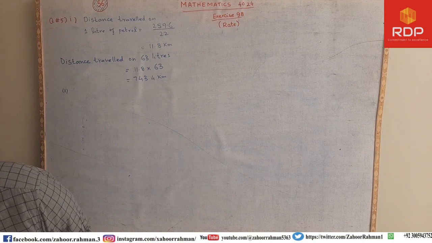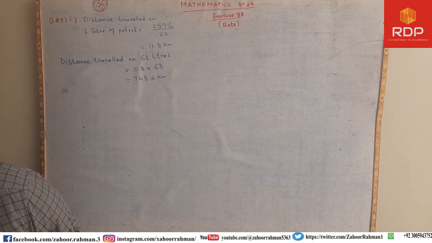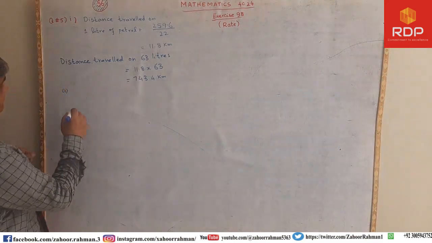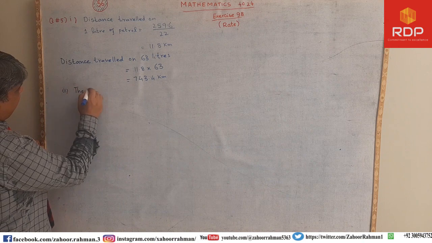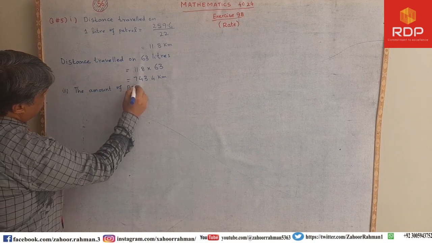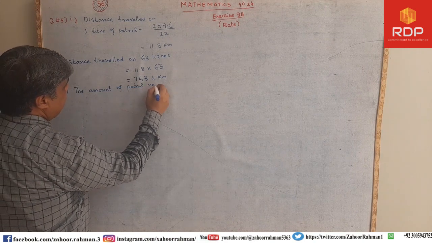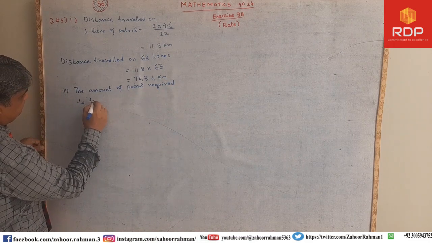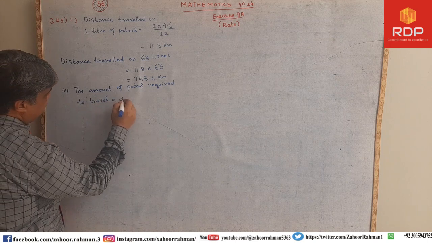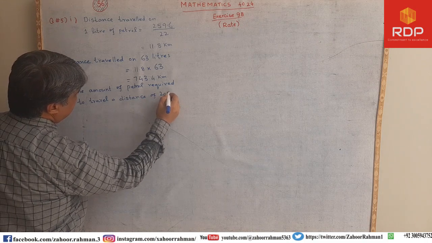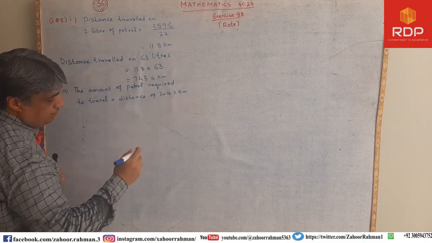So we have to find the amount of petrol required to travel a distance of 2013.2 kilometer.